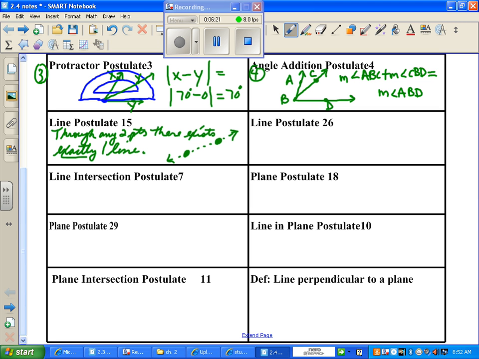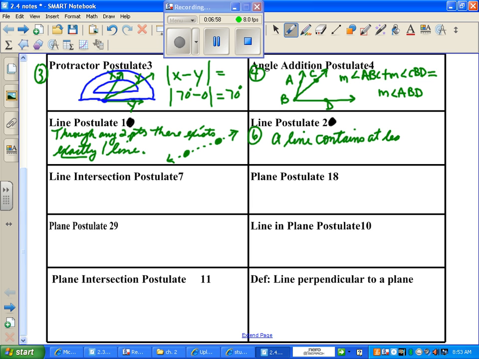Postulate number 6, you don't have to know them by their numbers, but I'm just kind of organizing what we've learned. Let's see, this is actually line postulate number 1 over here. This 5 shouldn't be there. Line postulate number 1 is through any 2 points there's exactly one line. And line postulate number 2 is what we're doing next. And that says a line contains at least 2 points.